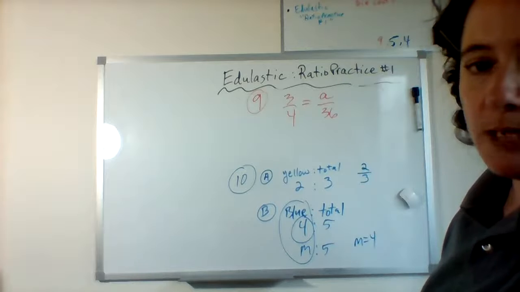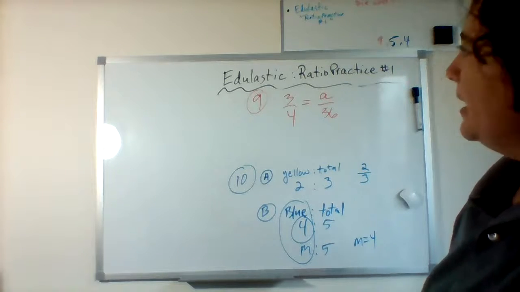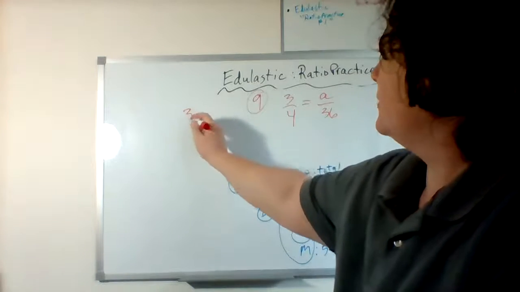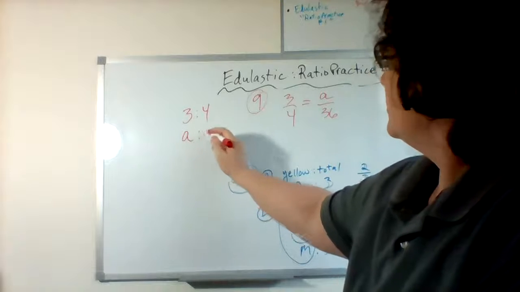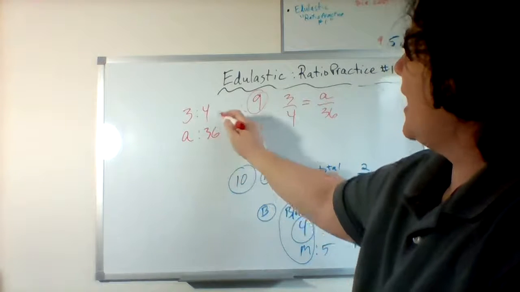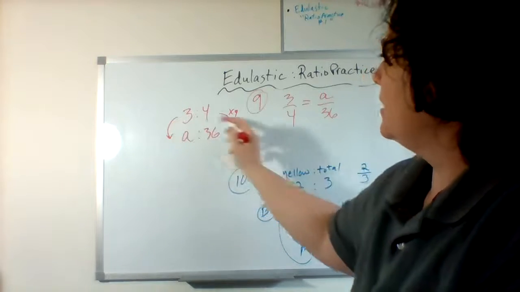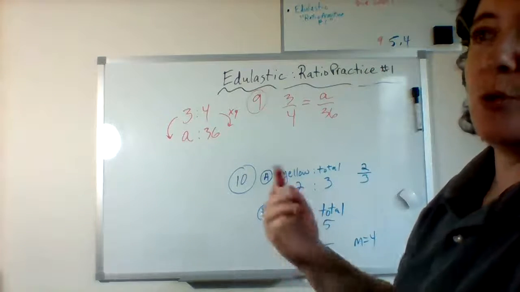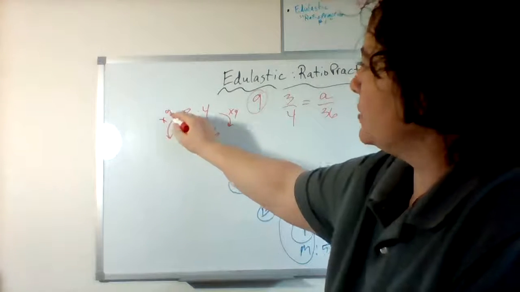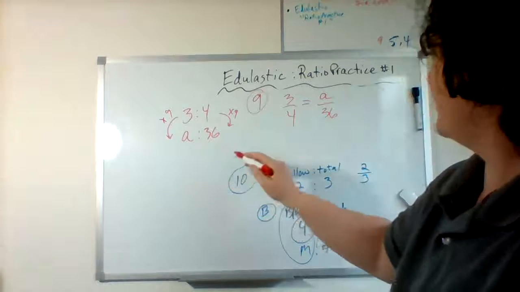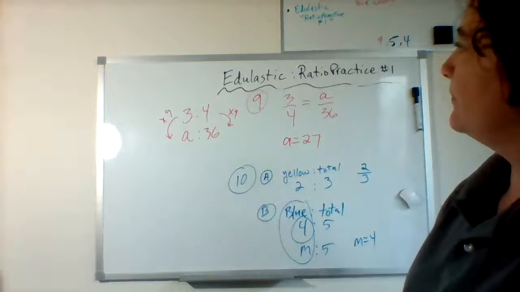Well, if it was in a table format, it would be 3 to 4, and we're trying to get the letter A. Well, how do we get from 4 to 36? Multiply by 9. To get equivalent ratios, you have to multiply by the same factor. So times 9, times 9. 3 times 9 is 27. So A has to equal 27.